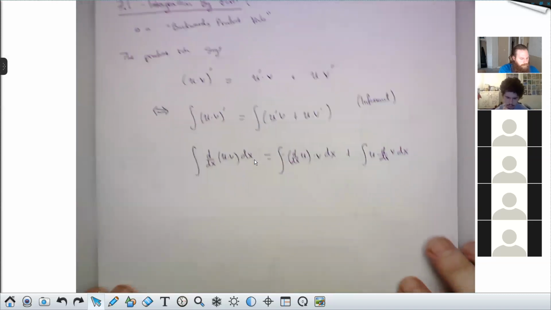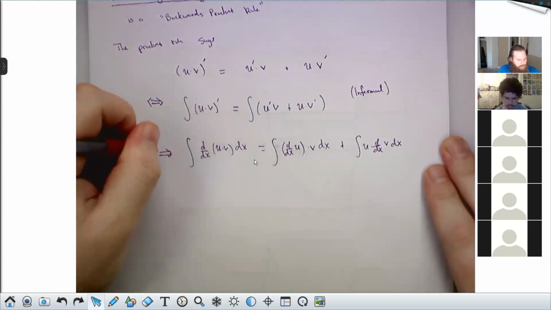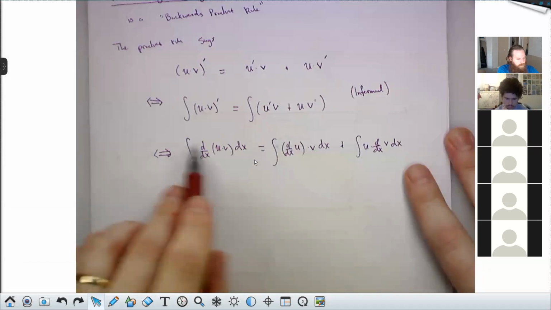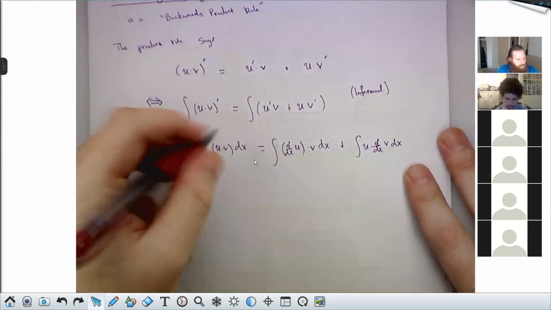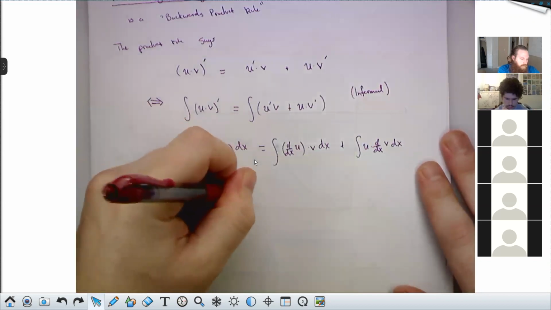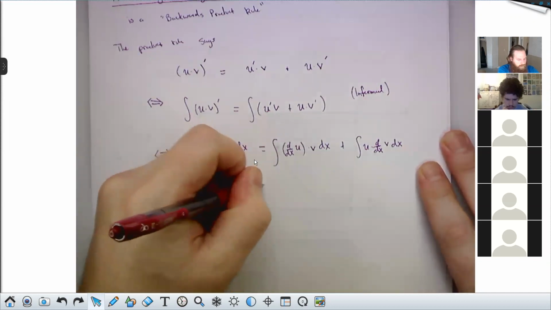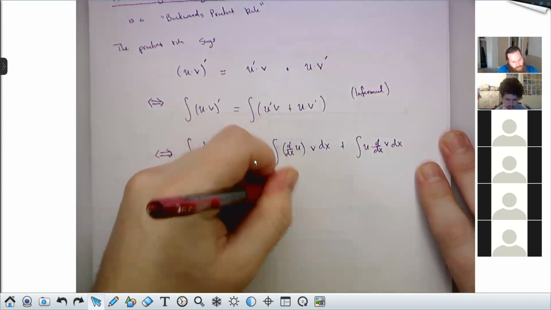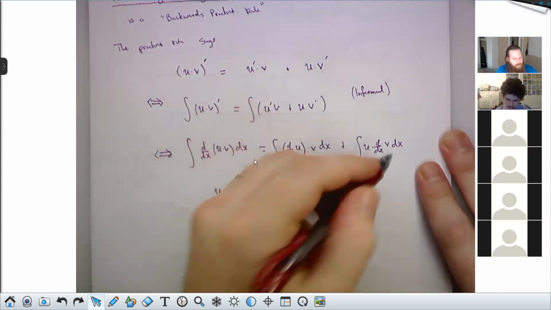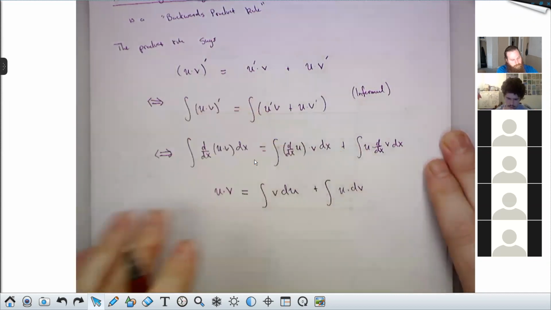Now, if you cancel out all the bits, over here, the dx's cancel and the integral cancels with this derivative, and you just get u times v. Over here, the dx's cancel, and you get the integral of v times du. And over here, the dx's cancel, and you get the integral of u times dv.